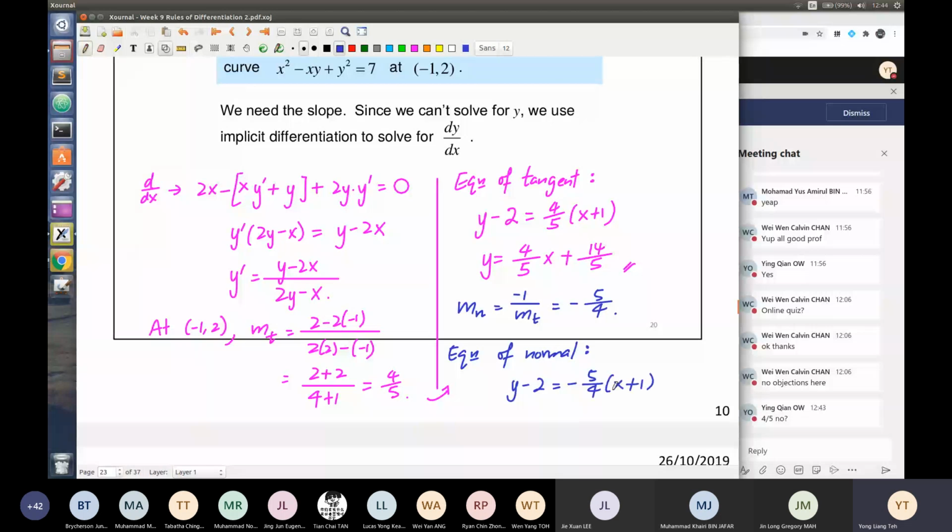The point is the same, so only the gradient is changing. So y is equivalent to minus 5 over 4 x, minus 5 over 4 plus 2, which looks like 8, so that looks like plus 3 over 4. How about that?